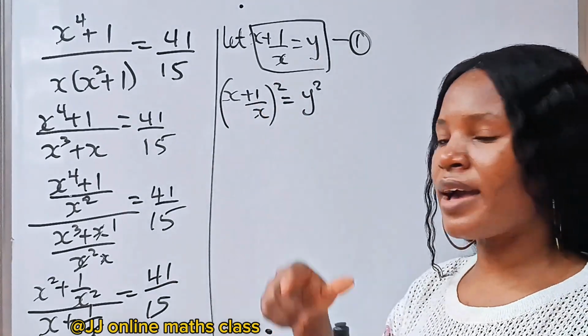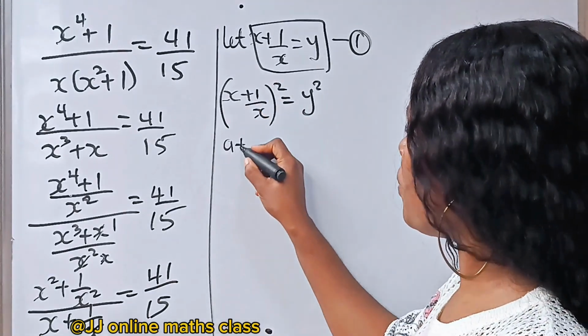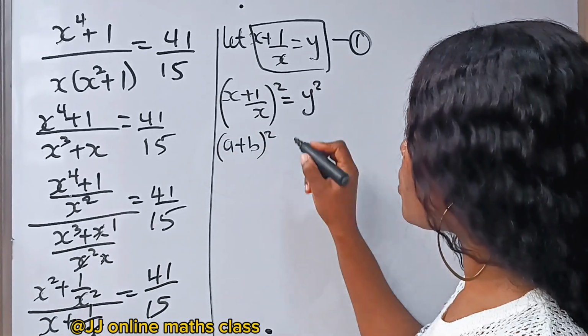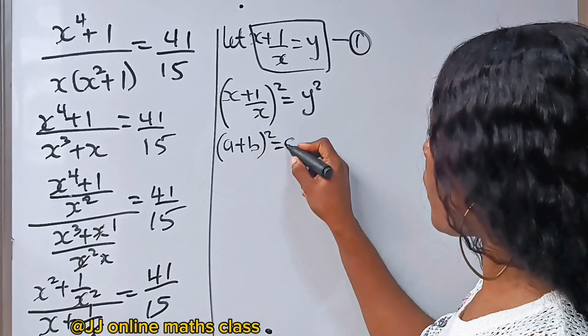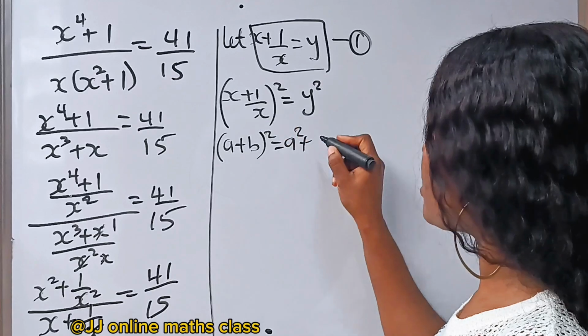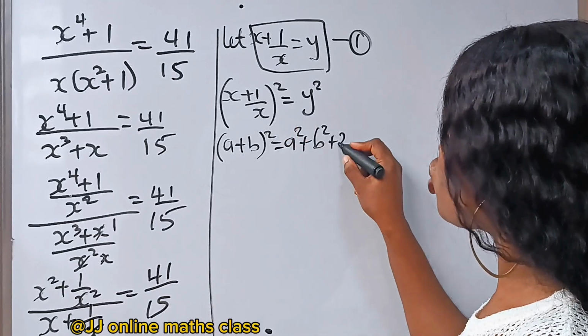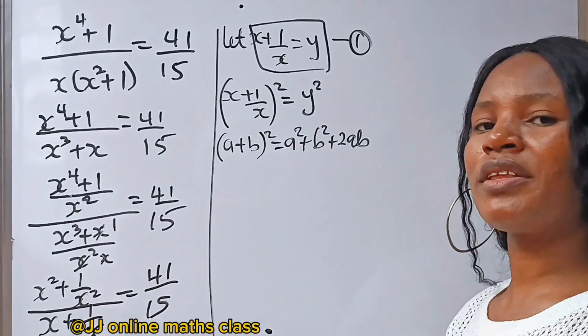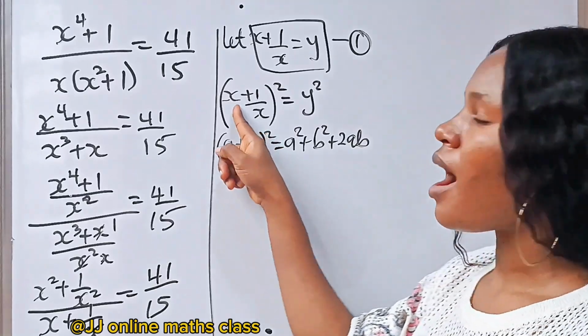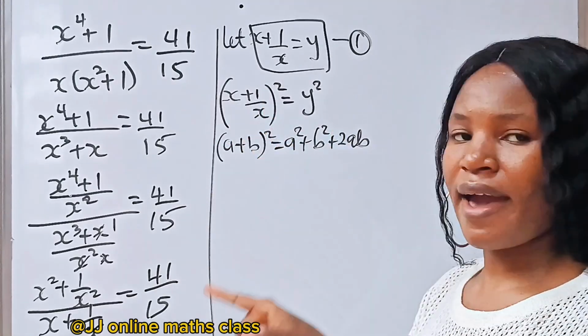Now let's use the algebraic identity that states that a plus b all squared is equal to a squared plus b squared plus 2ab. In this case, our a is x and our b is 1 over x.